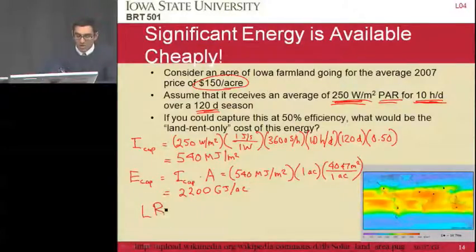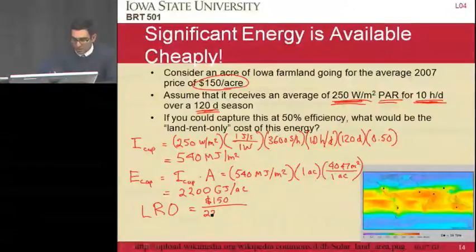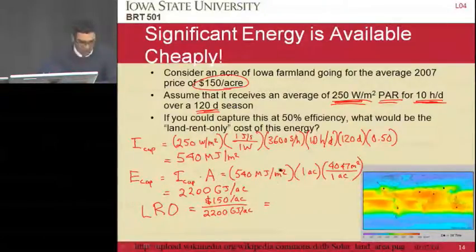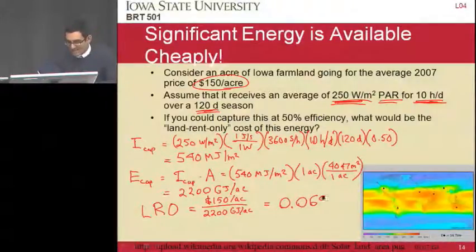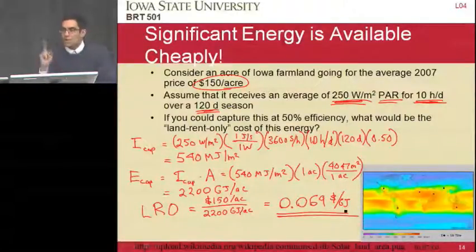The land rent only cost of energy is then the 150 bucks per acre rent divided by the 2,200 gigajoules per acre that I capture, and that's equal to about 7 cents per gigajoule.